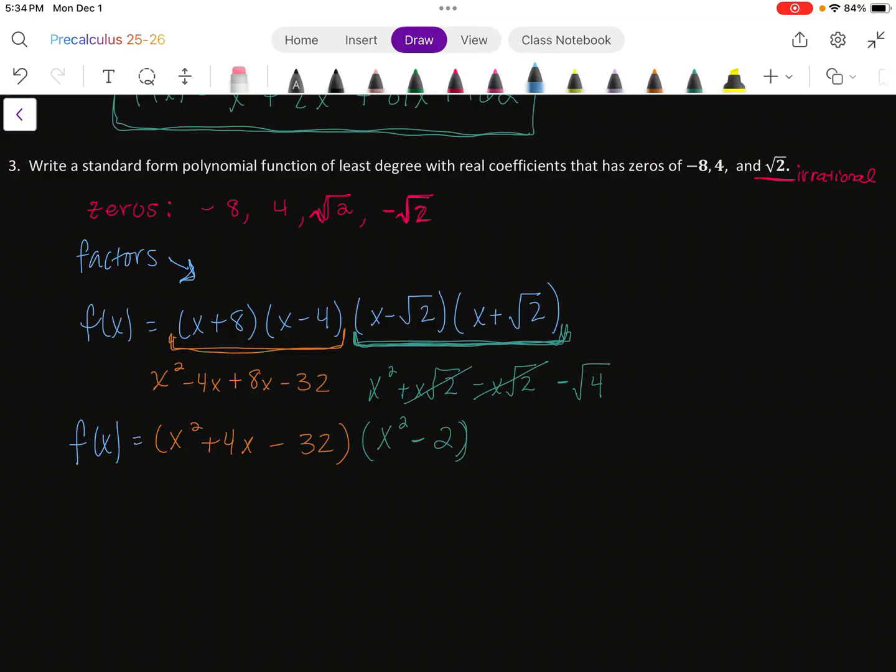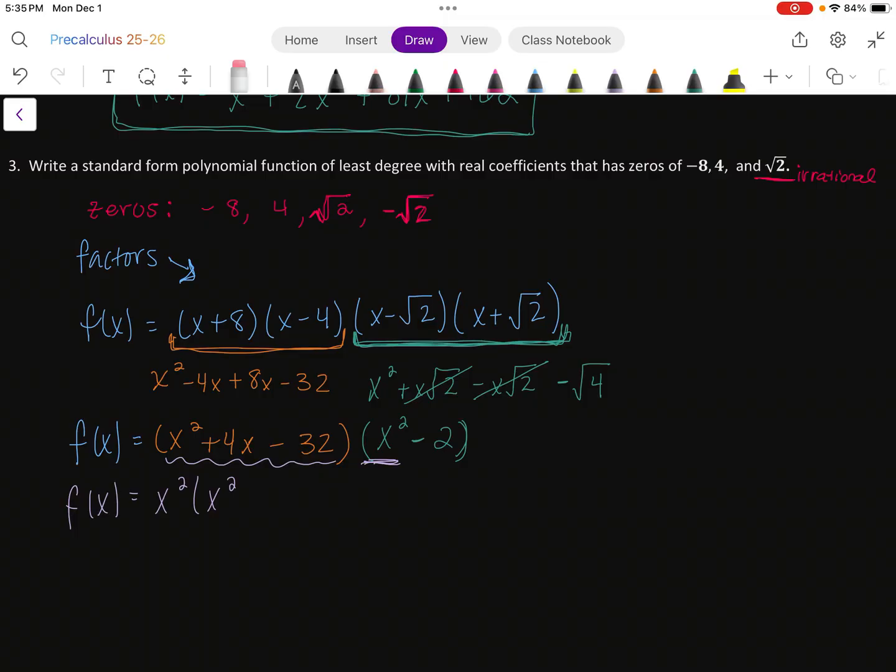f of x needs to keep coming down because we are writing a function, so we want function notation there. Again, best practice is to multiply these two guys into the trinomial. You can do the trinomial into the binomial, whatever works for you. For teaching purposes, I am going to just write out this, and then it gets multiplied to everything on the inside here, right?